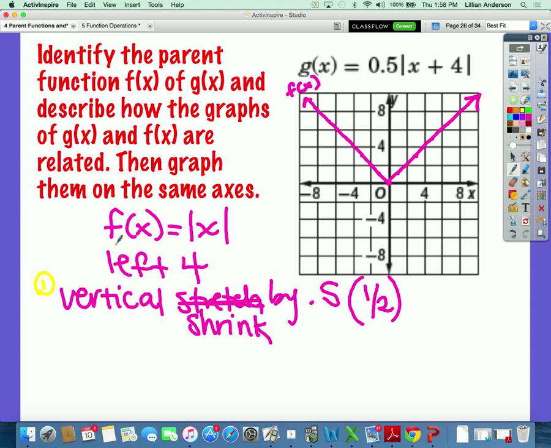So this 1/2, this 0.5, does that affect my X's or my Y's? Y's, because it's vertical. So I'm going to multiply all my Y's by 1/2. So 0, 0 stays where it is. But 1, 1 goes to what? 1 and 1/2. 2, 2 goes to what?